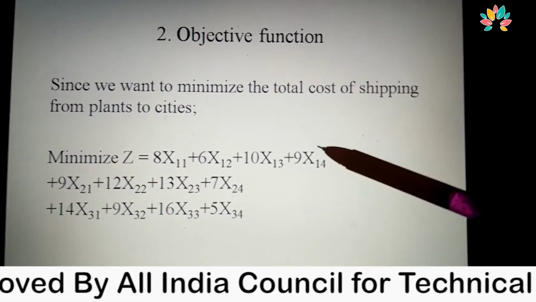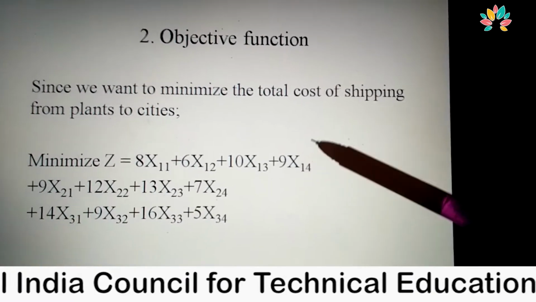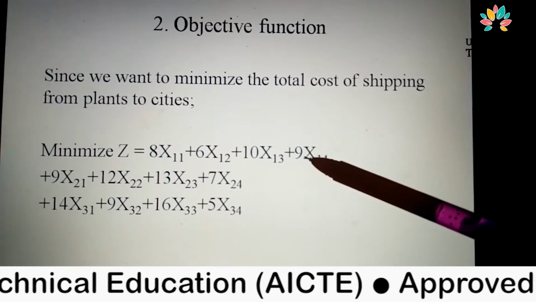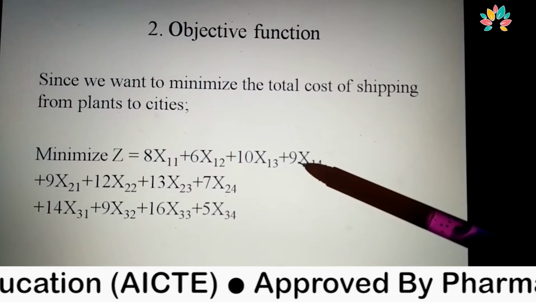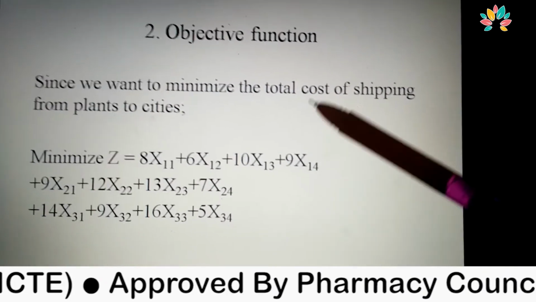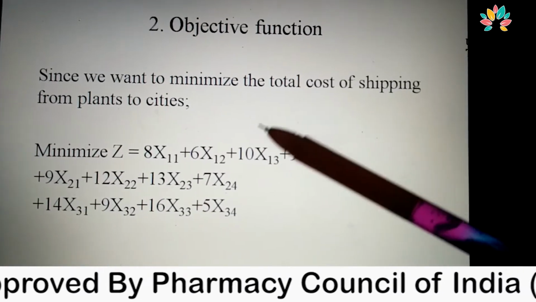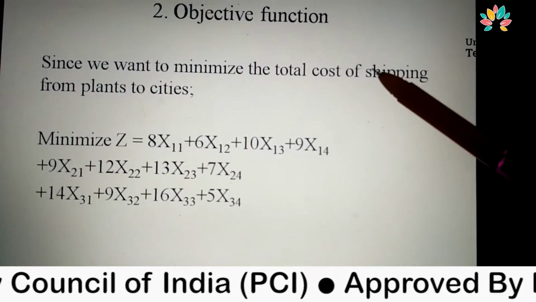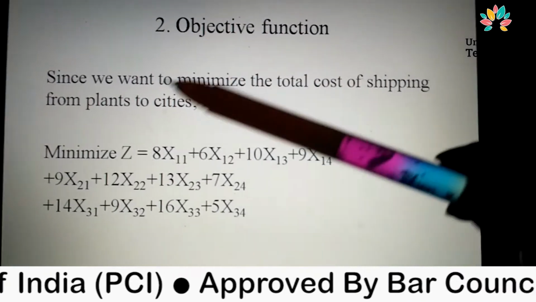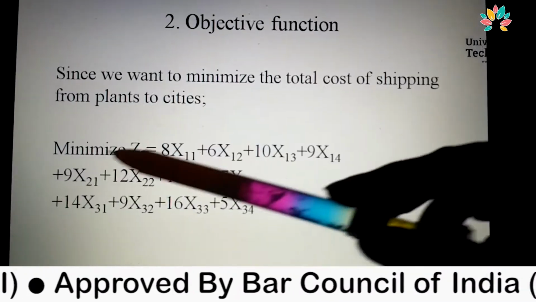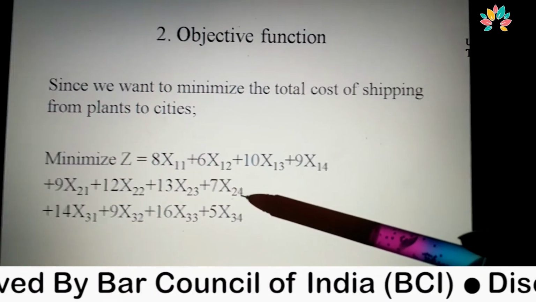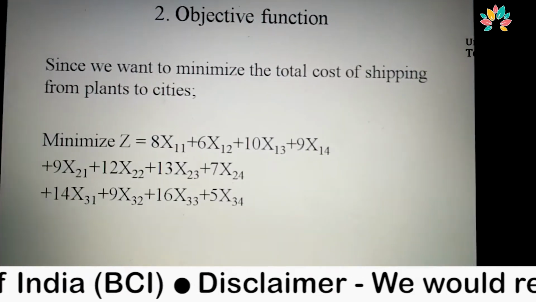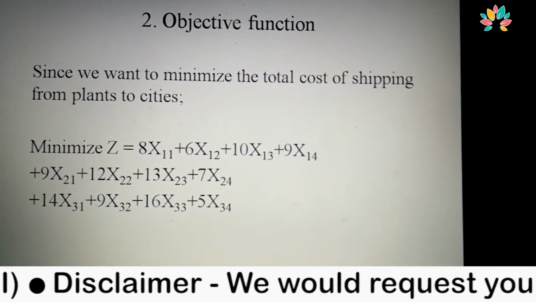The last one is plant 1 to city 4, where the variable cost is 9 rupees, or $9, to transfer only 1 unit from origin 1 to city 4, right? This is written in this form. The second row is represented like that, and the third row is represented this way, right? This is only the objective function.